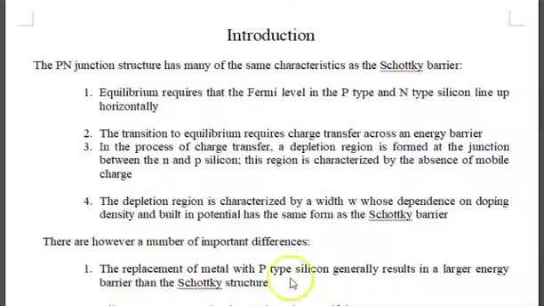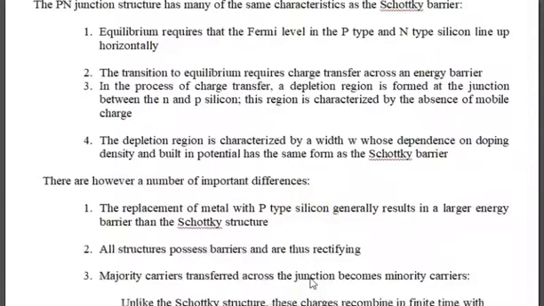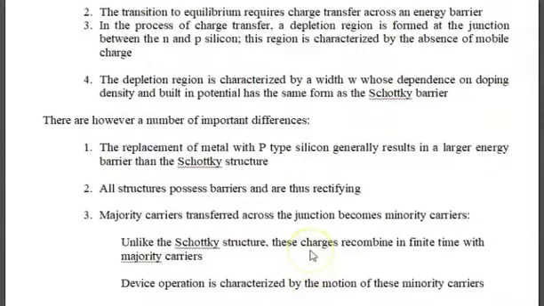That means the barriers are generally going to be higher for p-n junctions, and it means that the turn-on voltage for forward bias is going to be a little bit greater for p-n junctions. We saw, for example, in the Schottkys that we can really turn the device on with about 0.2 or 0.3 volts. In the p-n junction, it's going to require quite a bit more, maybe 0.5 or 0.6 volts, depending on the doping.